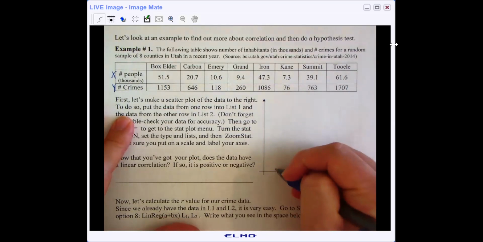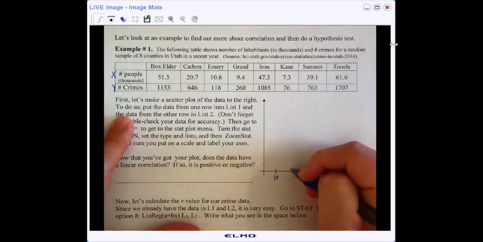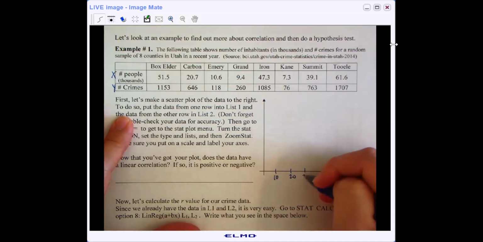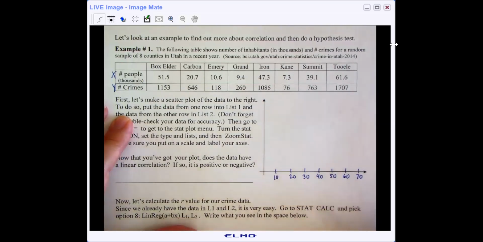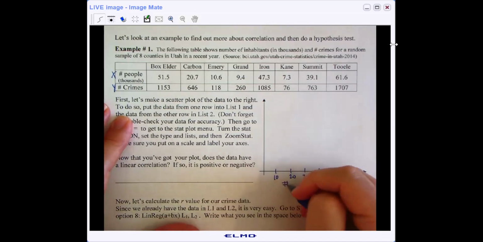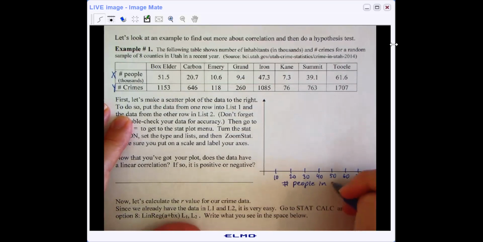So let's do that. Try to make it about as even as you can. I know it's not going to be perfect. Mine's not perfect either. Okay. And so this is the number of people in the county. And even though Utah is a small state, this is measured in thousands.